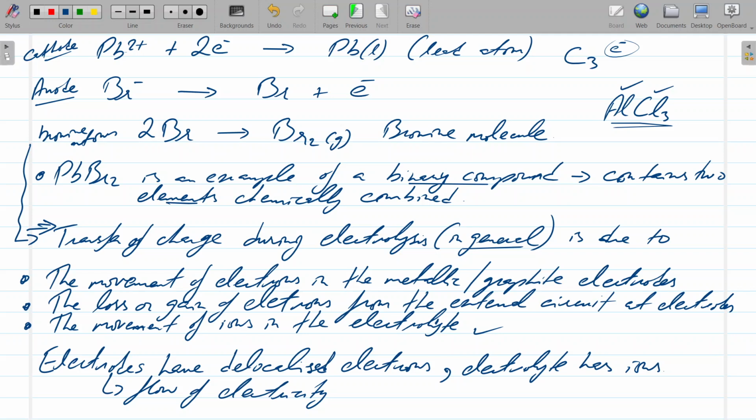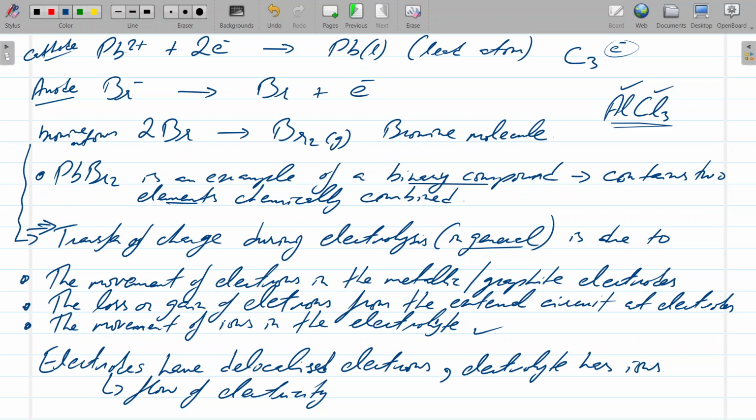Now, electrolysis is used commercially to, for example, extract metals such as aluminium from its ore. When we talked about metals, we talked about the fact that many elements, especially the very reactive ones, and aluminium is third or fourth on the list, are found in a compound state, usually oxides.